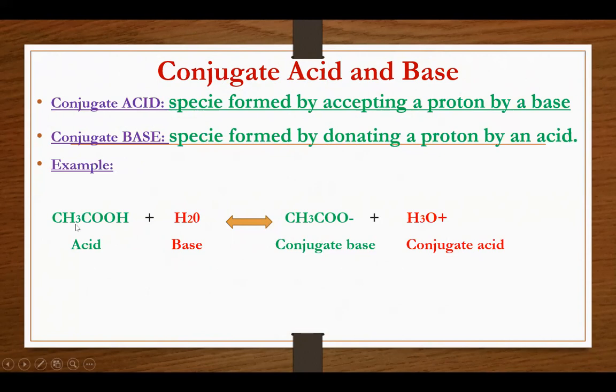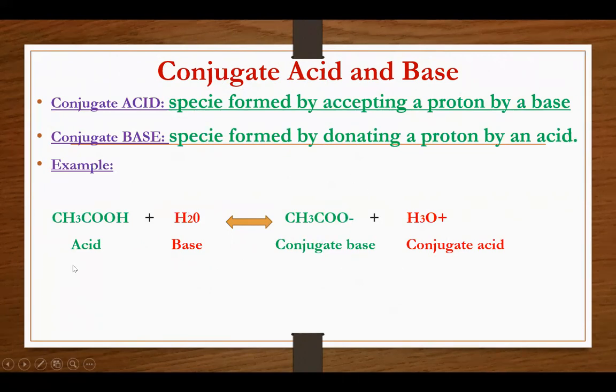In this example, CH3COOH, which is acetic acid, when it reacts with water H2O, acetic acid loses its proton because according to Bronsted-Lowry concept, acid is a substance that has tendency to lose its proton.